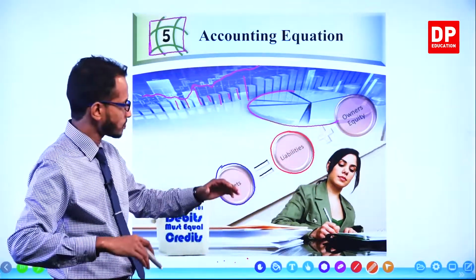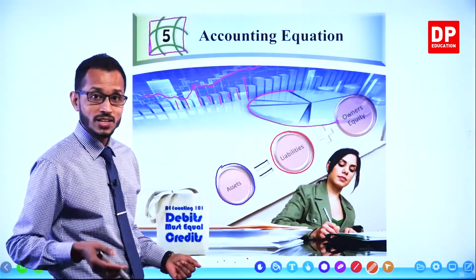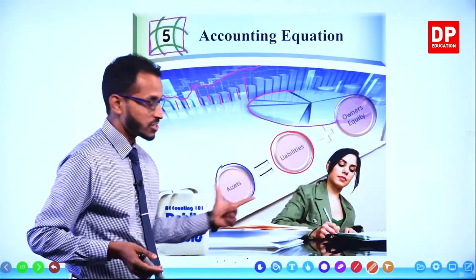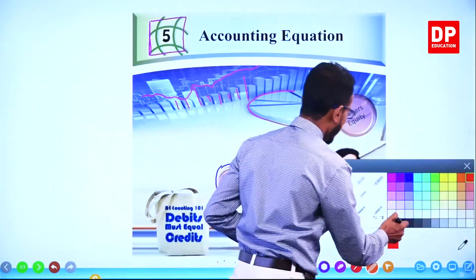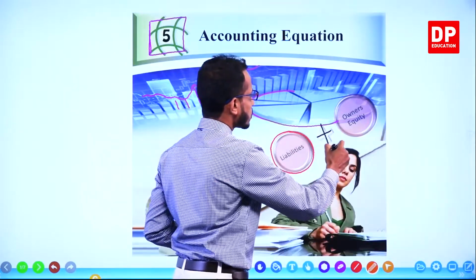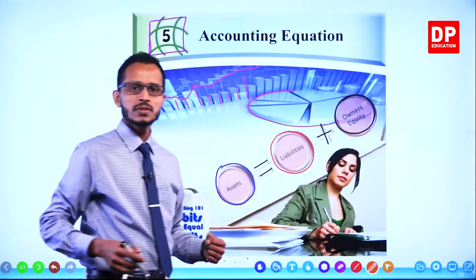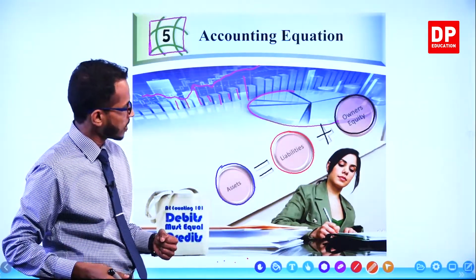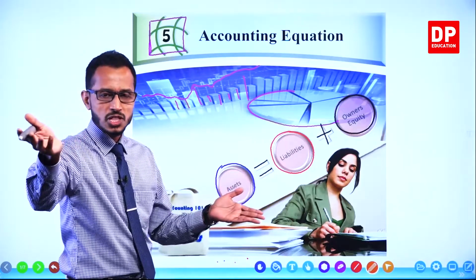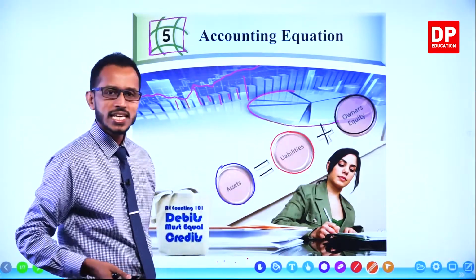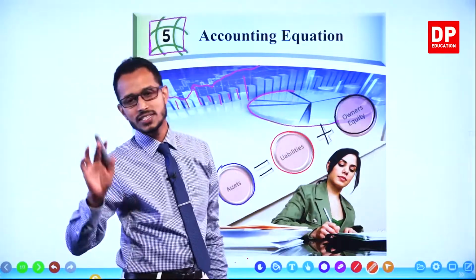What's happening? Well, you're going to learn what this connection between assets and liabilities is. Not only those two, we have plus equity, owner's equity also. Let's learn, what is this equation? Accounting equation, what is it about?